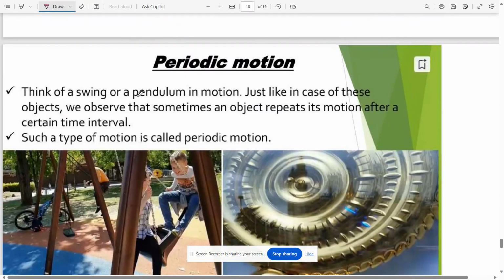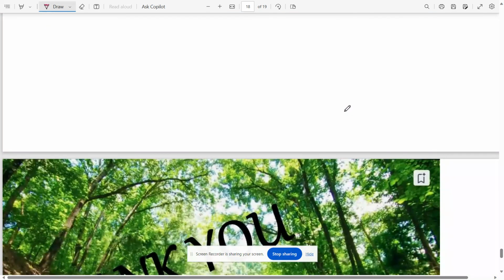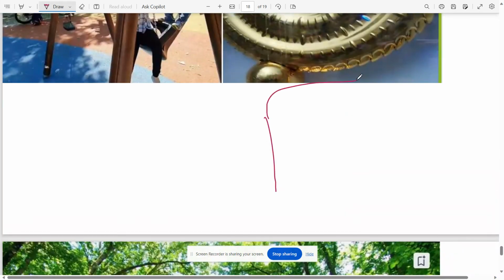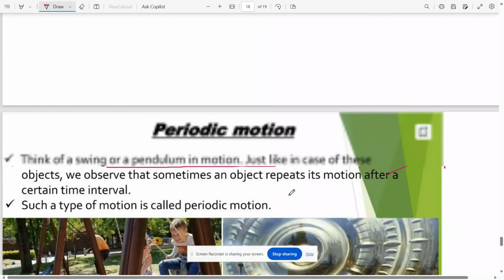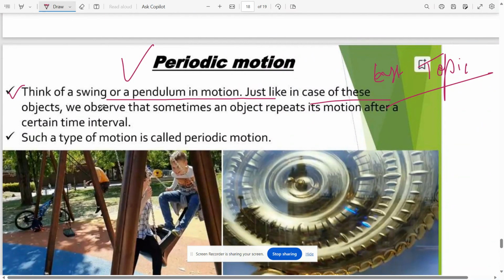Then at the last we have periodic motion, our last topic. Think of a swing or a pendulum in motion. This is a pendulum clock. Just like in case of these objects, we observe that sometimes an object repeats its motion after a certain time interval.